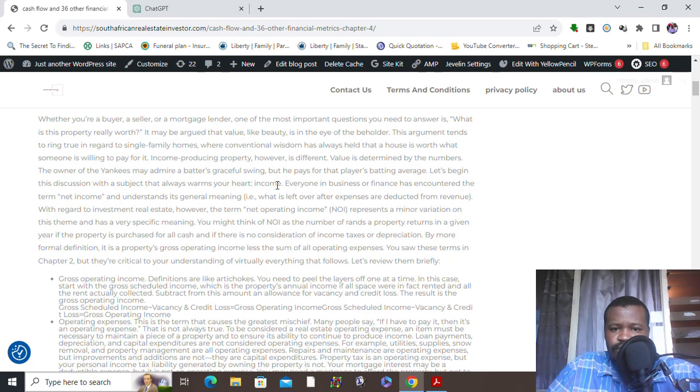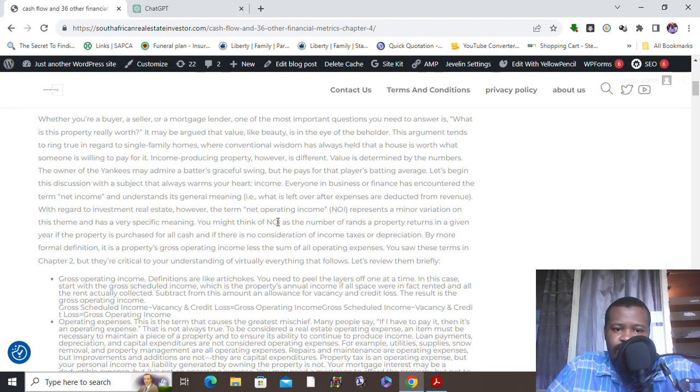Everyone in business or finance has encountered the term net income and understands its general meaning: what is left over after expenses from the revenue. With regard to investment real estate, however, the term net operating income (NOI) represents a minor variation on this theme and has a very specific meaning.